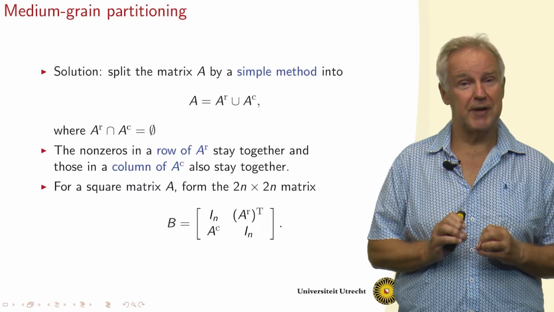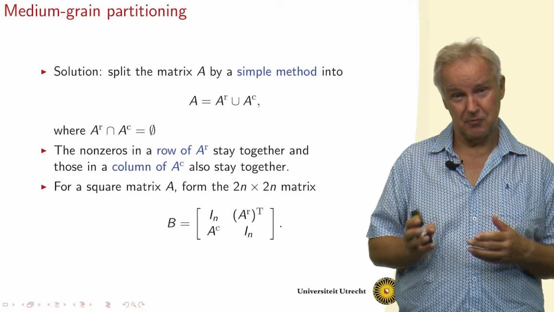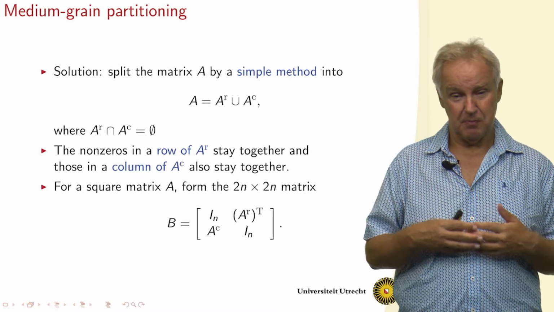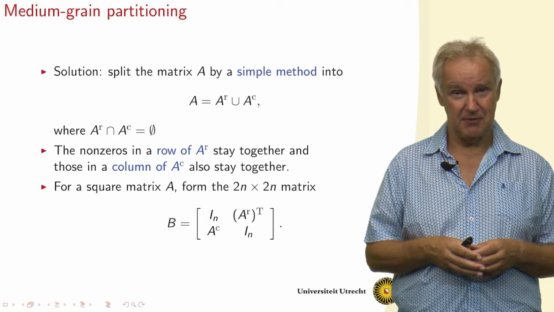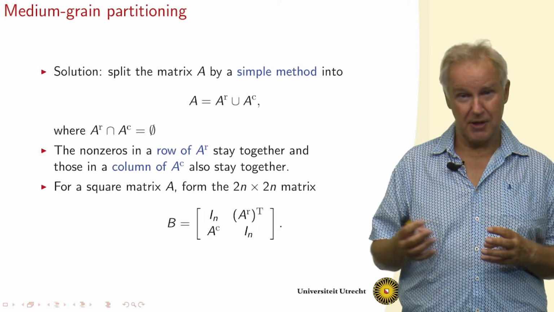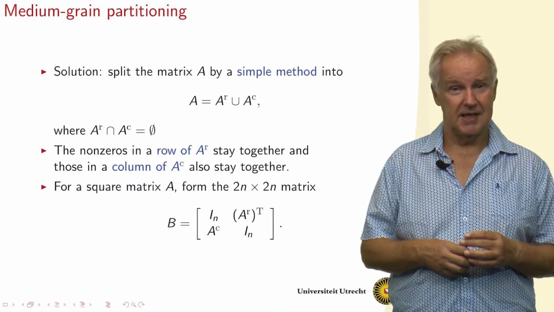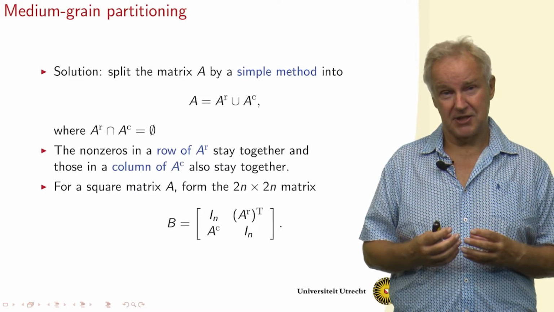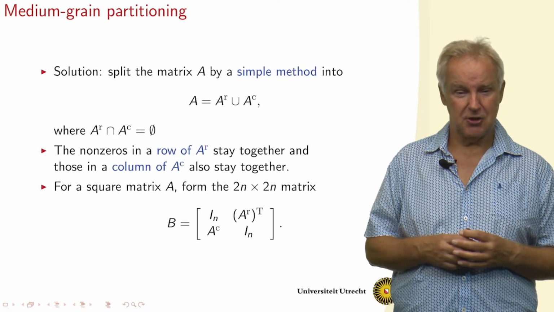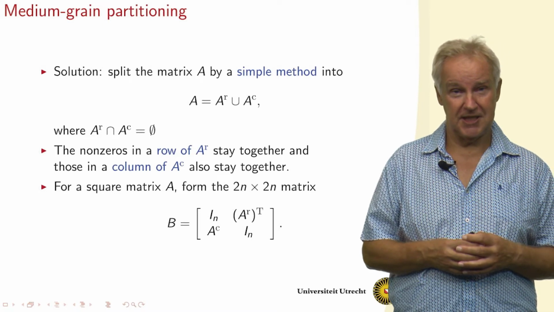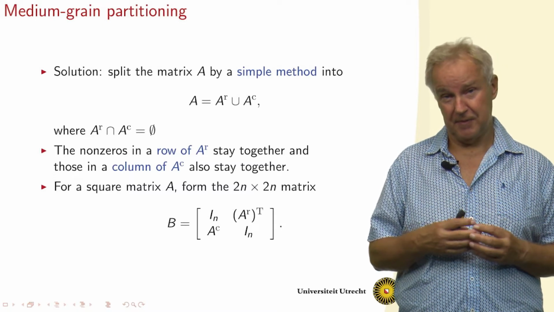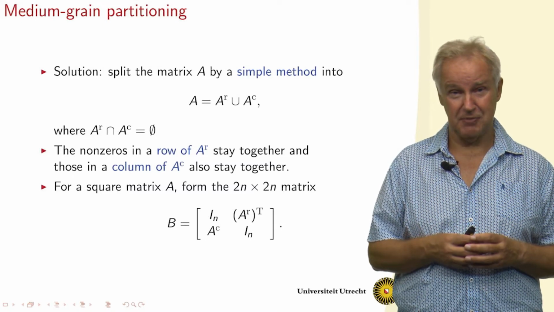And then when we have formed these two matrices, AR and AC, we put them into a matrix B, which is larger. In case the matrices are square, which we will assume here, then if the matrix A is n by n, the matrix B is 2n by 2n. And so we put AC in the left bottom and AR in the top right part of the matrix.